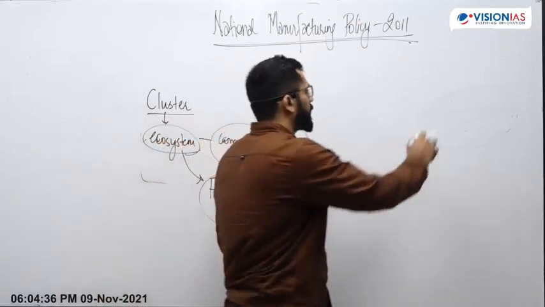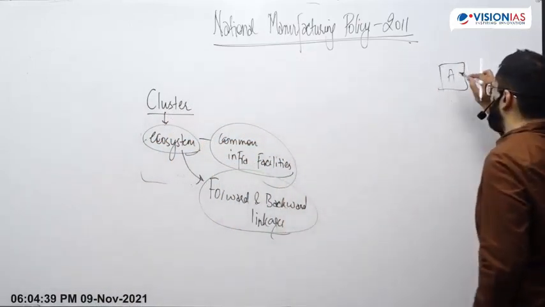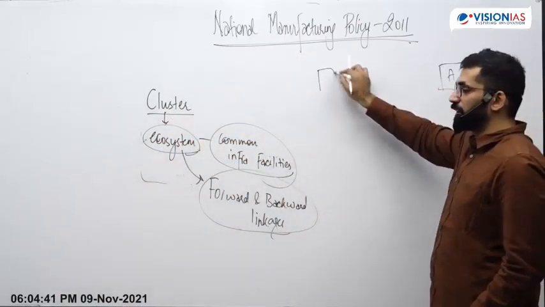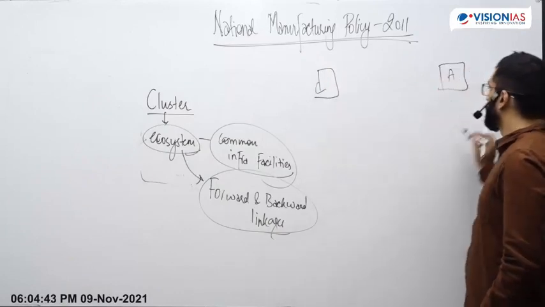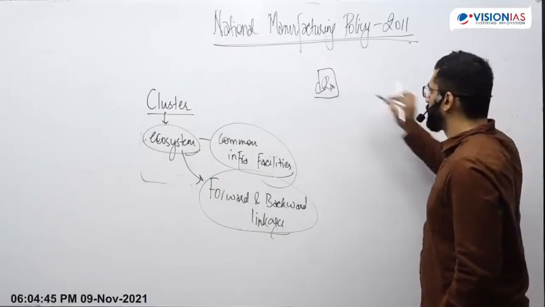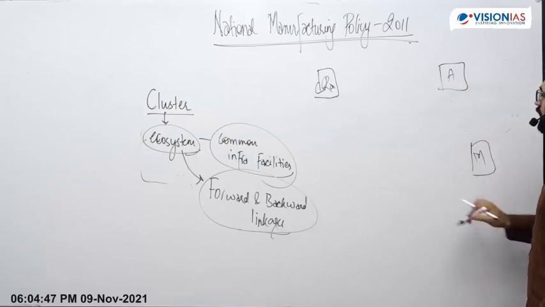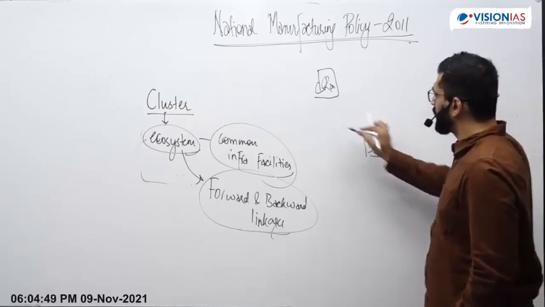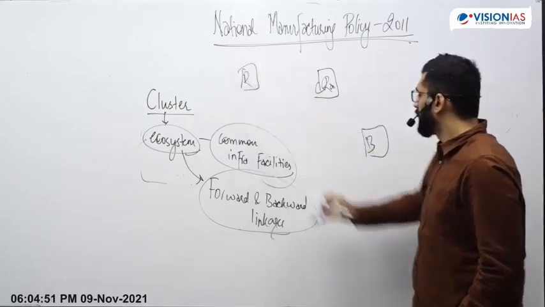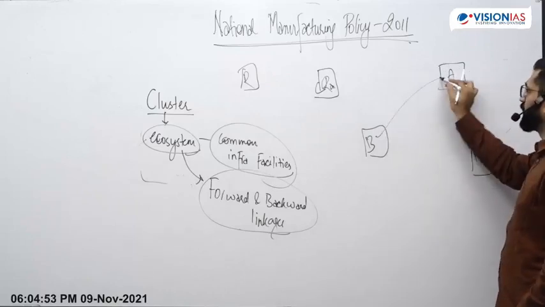Now, your industry A is getting raw material from, say, one place. This is the raw material. This is the market. Industry B is here, getting the raw material from somewhere here and supplying an intermediate good to A.